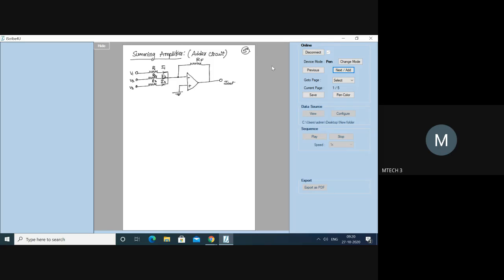This point is G. This is Iout. This is I. Note down this and tell me, the summing amplifier is a form of... Note down first, and tell me when you have completed.